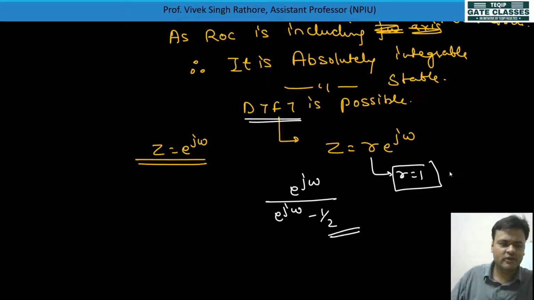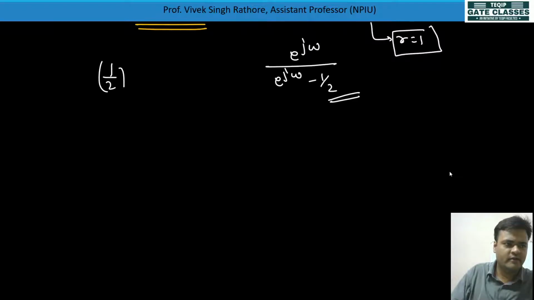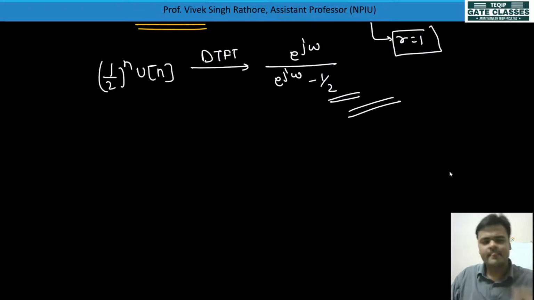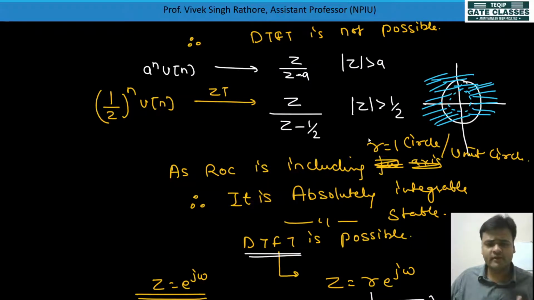What was your signal? Your signal is (1/2)^n u[n]. Its DTFT is like this. So now you can understand this. DTFT will not have any ROC because it is a unique value only. We take ROC because so many values are coming, so we need to identify them with the region of convergence.